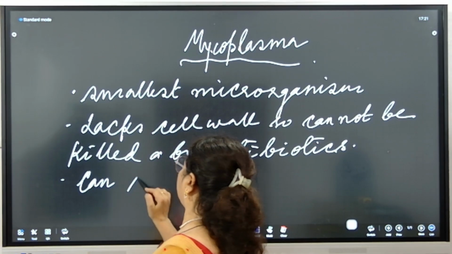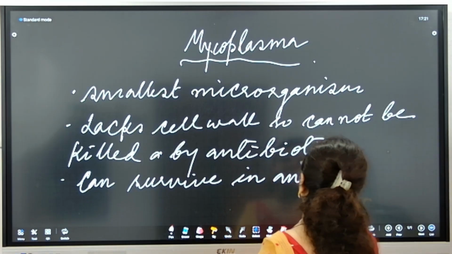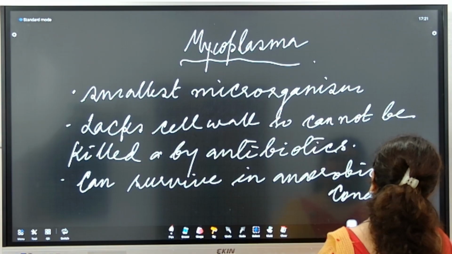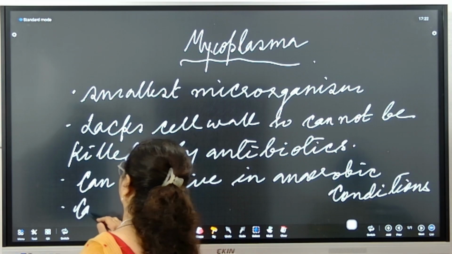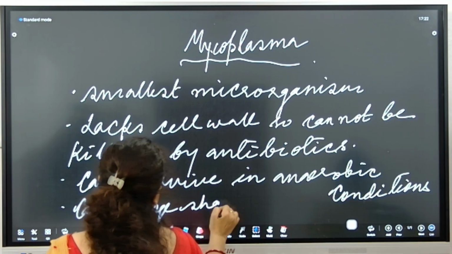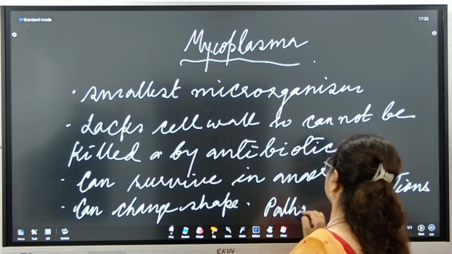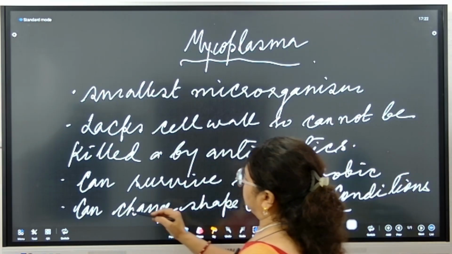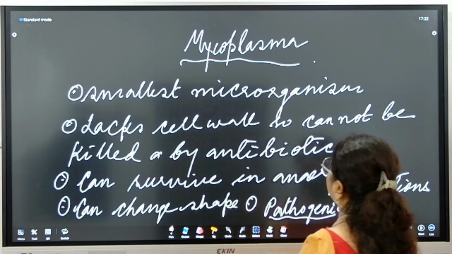They can survive in anaerobic conditions, and can change shape since they have no cell wall. The last point is that they are pathogenic, so they can cause disease. The disease names are given in the notes.